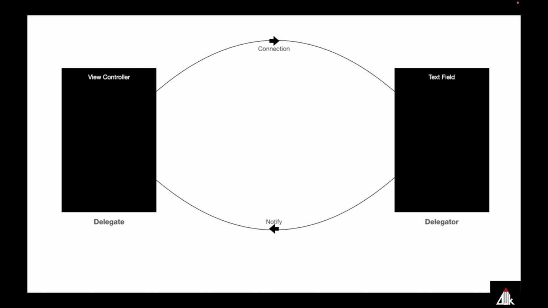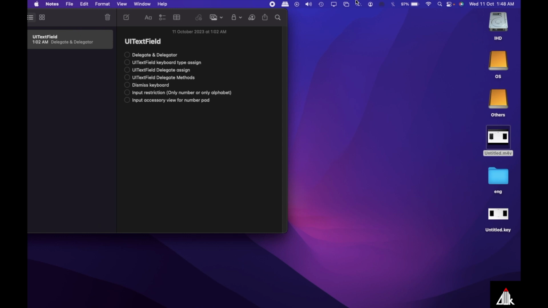By this delegate and delegator connection, we keep getting updates from the text field about its current status, what the text change is, what the new text going to be entered is, and when the text field ends its editing. Everything we keep getting as an update from the text field on the view controller by using the delegate and delegator relationship. So we have covered our first topic, delegate and delegator.